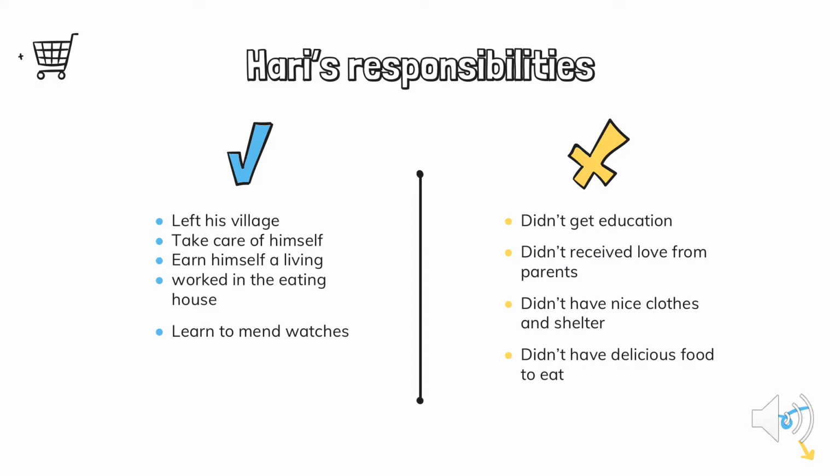We can see Harry left his village, he left his sister and his parents to the city alone. He had to take care of himself. Moreover, he had to earn a living by working in the eating house, where it was so hectic that he could not find time to have a meal. Besides that, he had to learn to mend watches.